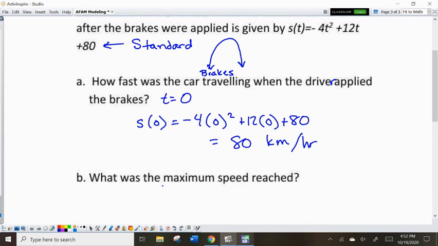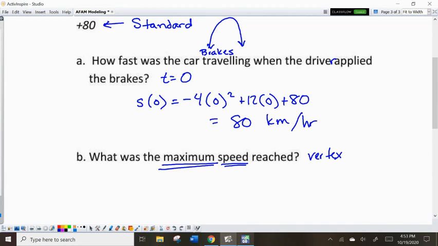Our second question asks us to find maximum speed. When we read maximum, again, we should think about the vertex. Now, our vertex in standard form can be calculated by doing the opposite of b over 2a.